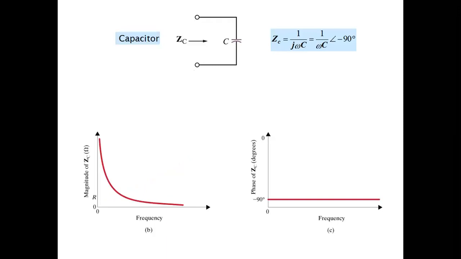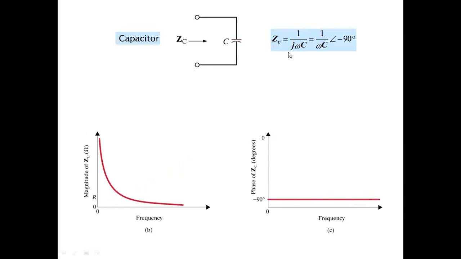If there is a capacitor, we consider AC steady state, so we can take it as constant, with a minus 90 degree phase difference.